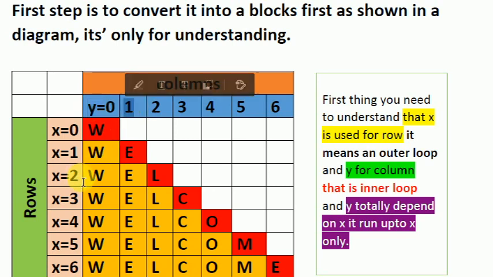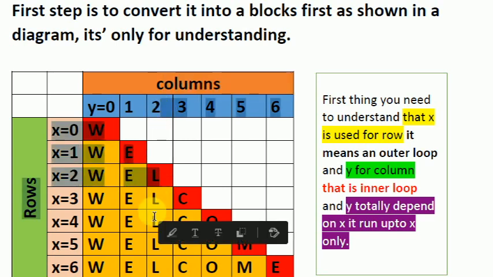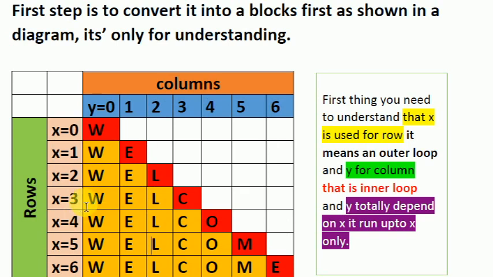When the row is 2, the blocks are 0, 1 and 2. This is your 2, so the whole column is of 2. When the row is 3, the columns are 4, that means 0, 1, 2 and 3. When the row is 4, 0, 1, 2, 3 and 4.